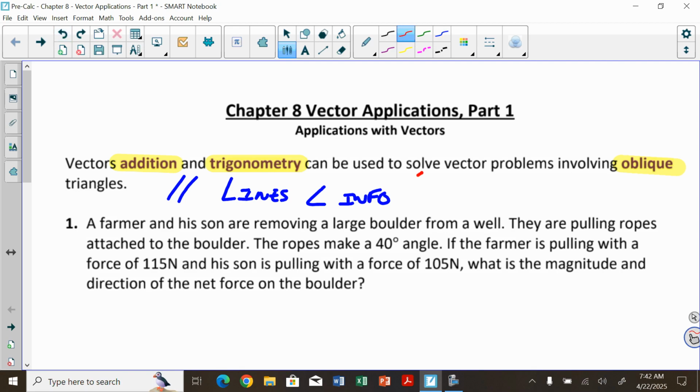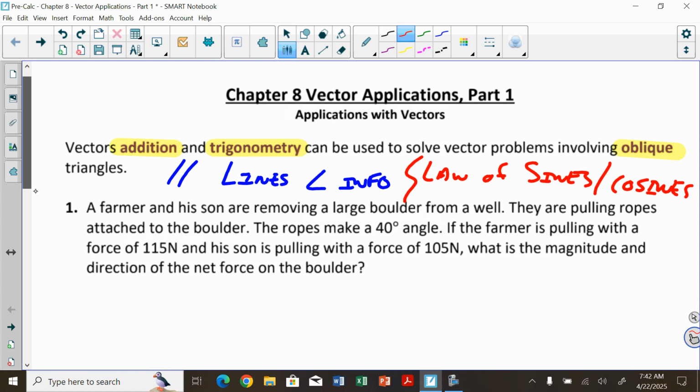Okay, and then also law of sines and cosines for some of these triangles. So we can use those. We'll give you a sheet on that so you can have a reminder on those things. All right, so let's get right into the problems and let's see what we can do.